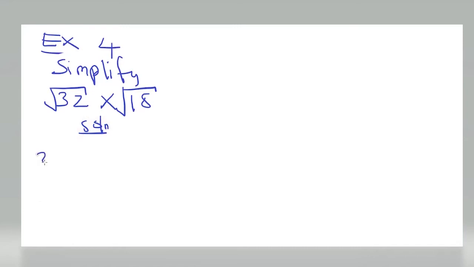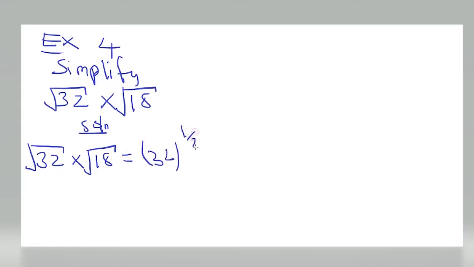Okay. Copy 32 under root times 18 under root. This one can be written as 32 power a half, then times 18 power a half.